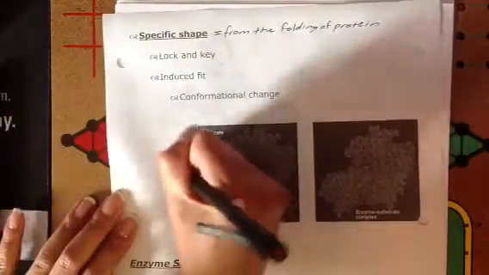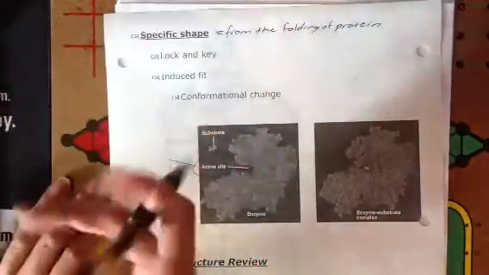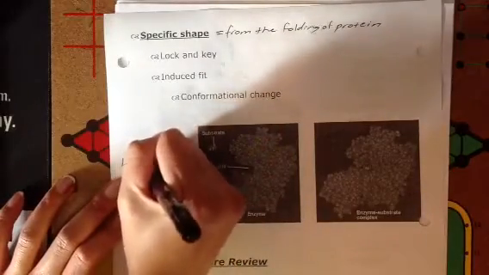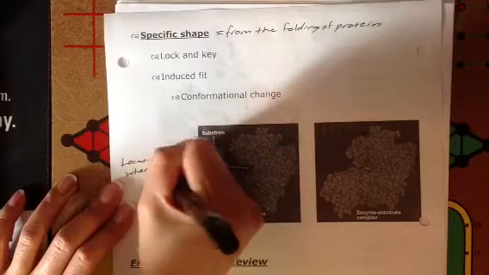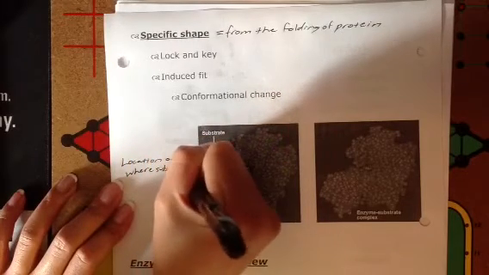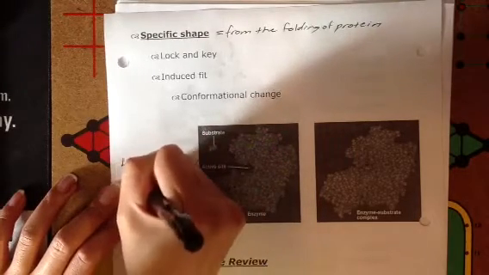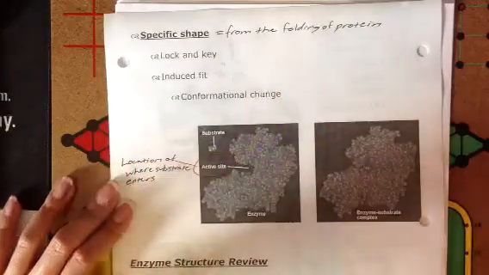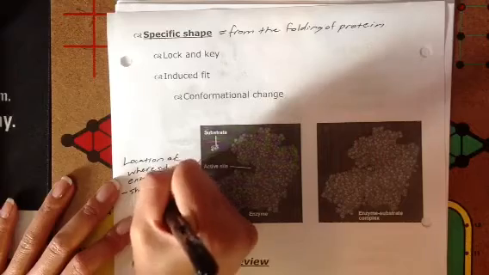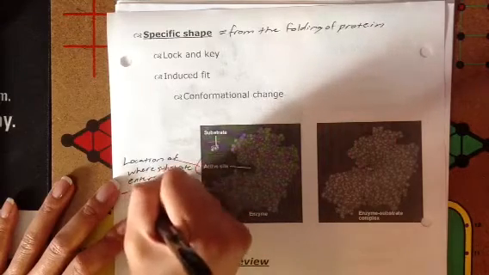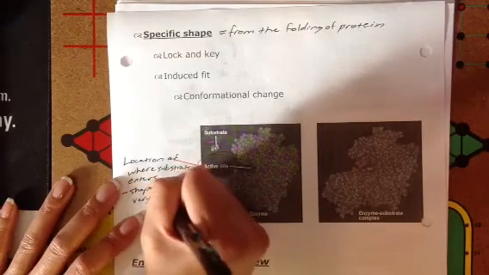The active site is going to be our location of where the substrate enters the enzyme.